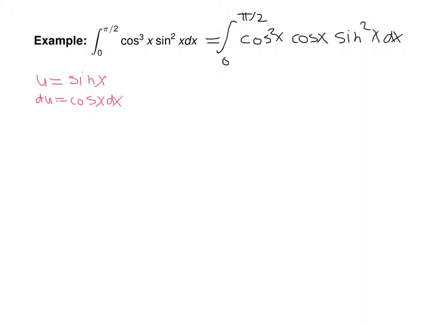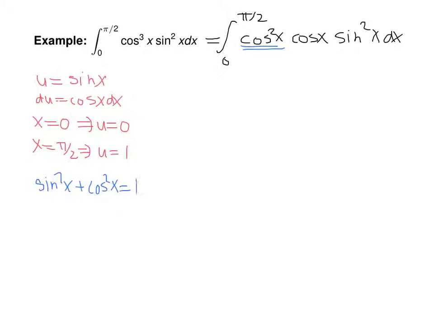And I have to change my bounds, so x equaling 0 would imply that u was equal to 0, and x equaling pi halves, sine of pi halves is 1, so u is 1. But the only problem is, before I do that, I have to change these cosine squareds into sines. And you can do that using the fact that sine squared x plus cosine squared x is equal to 1.